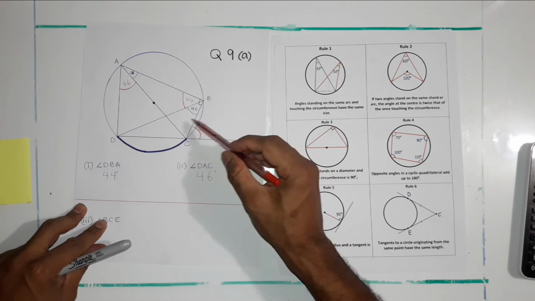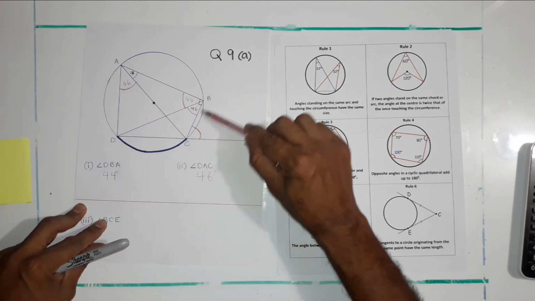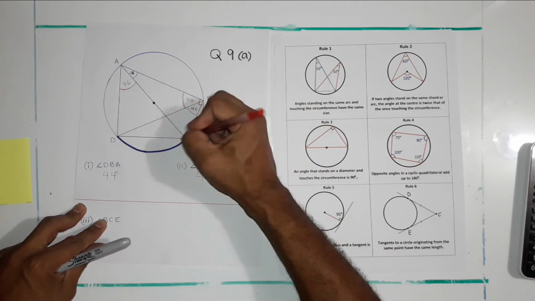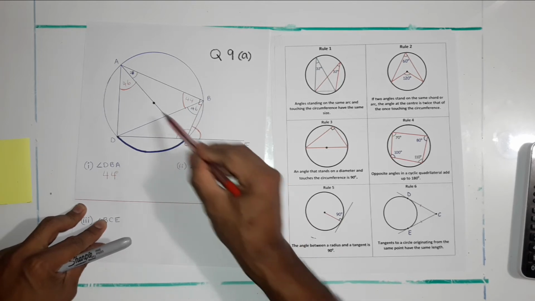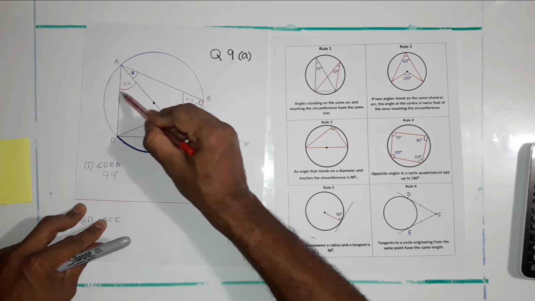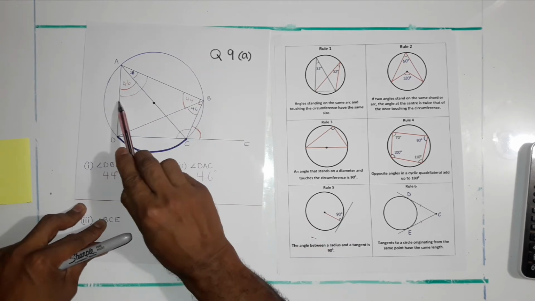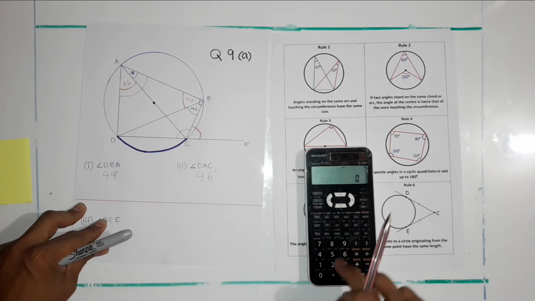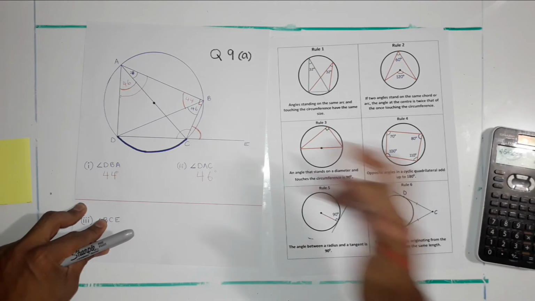So look at the cyclic quadrilateral. Ignore the middle lines. A quadrilateral has 1, 2, 3, 4 sides. So that means this angle and this big angle here are opposite. This total angle is 46 plus the 28. So let me add that. 46 plus 28 will give us 74.